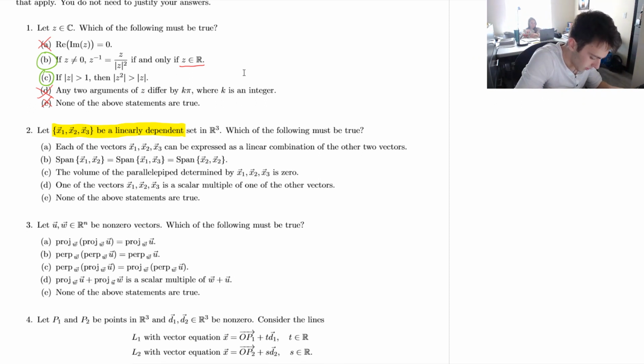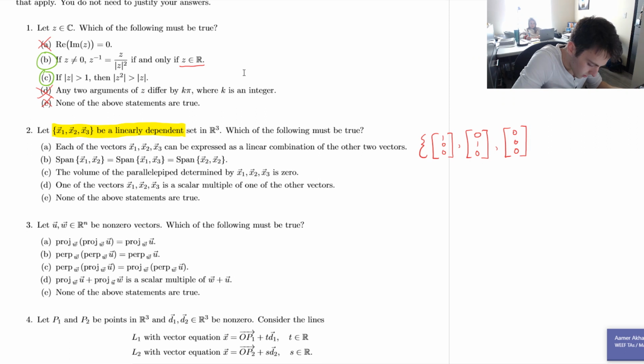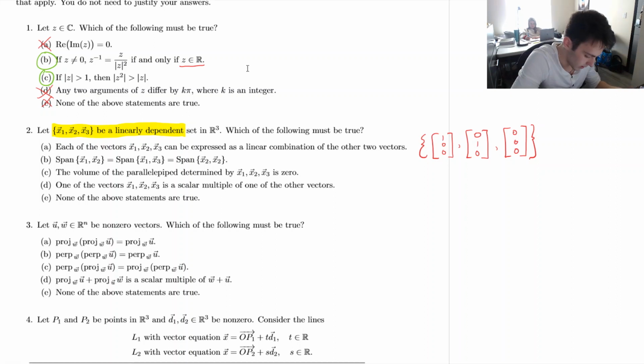So let's say that we've got the vectors 1, 0, 0, 0, 1, 0, and then the 0 vector, right? We can tell that this set is linearly dependent because 0, 0, 0 is the linear combination of 0 times both of the other vectors.